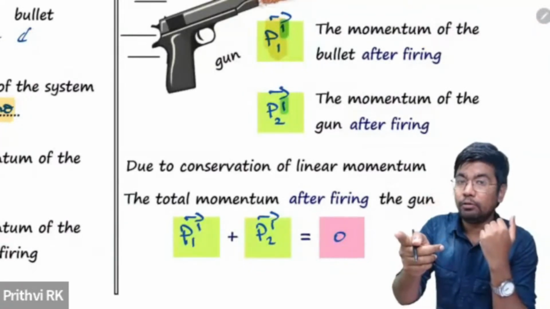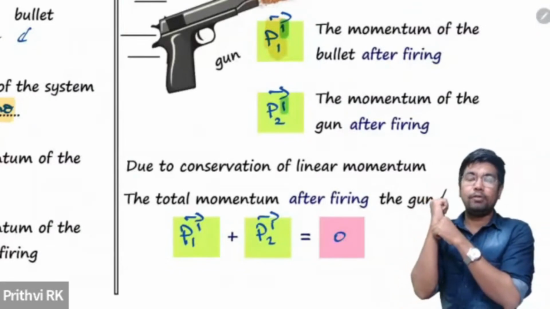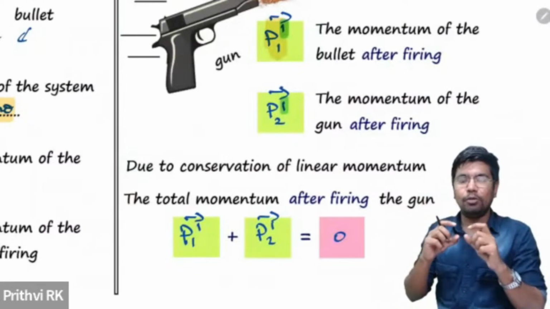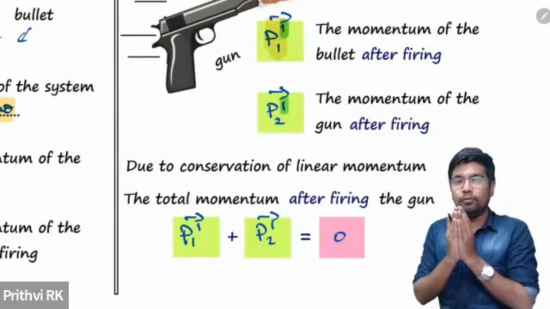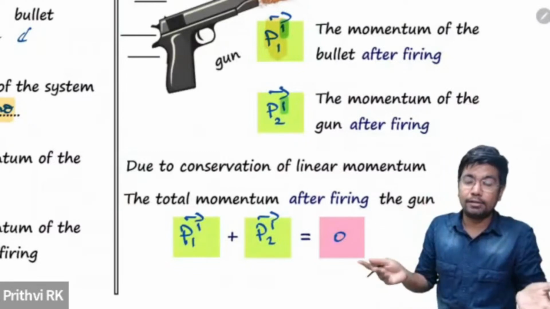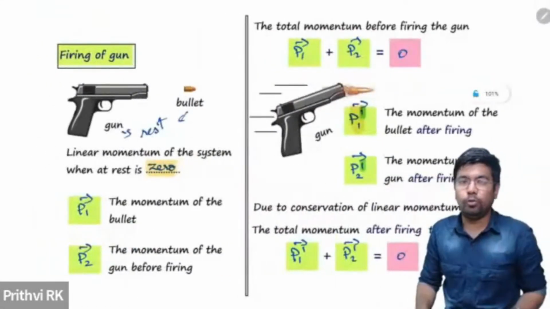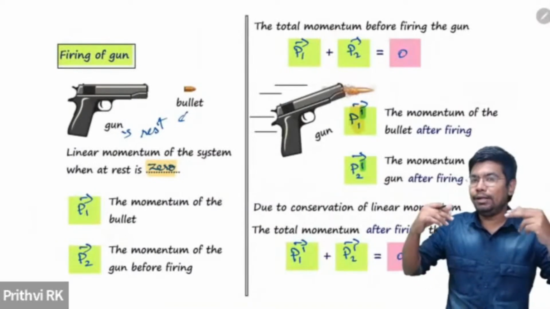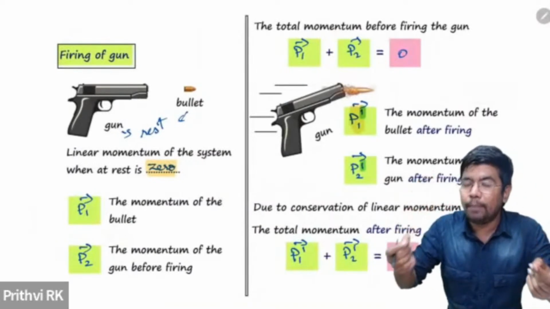For the forward bullet you take it as positive, and for the backward gun you take it as negative. When you add them, the final answer is 0. Just remember this concept.